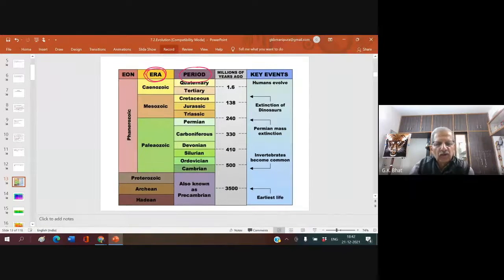These three eras are the Paleozoic era, Mesozoic era, and Cenozoic era.